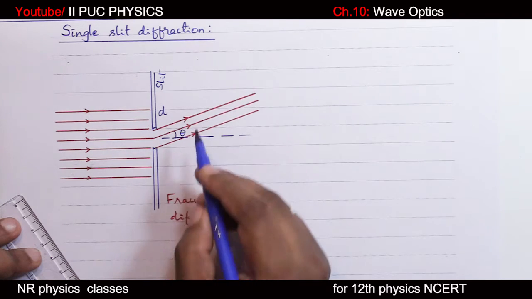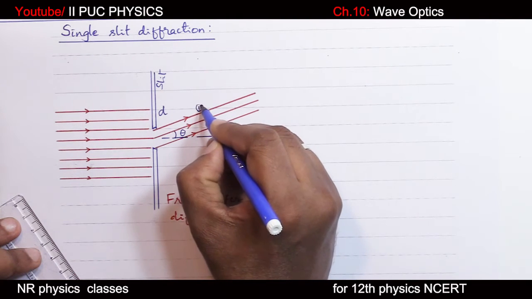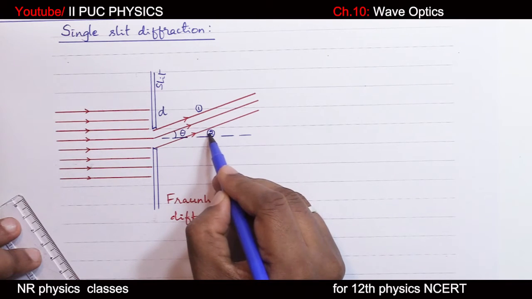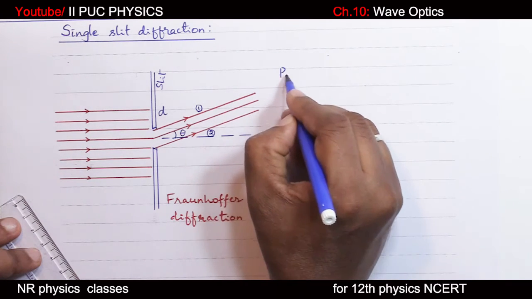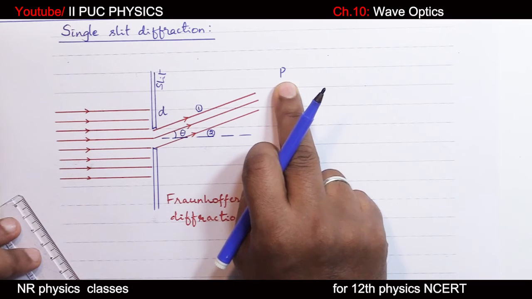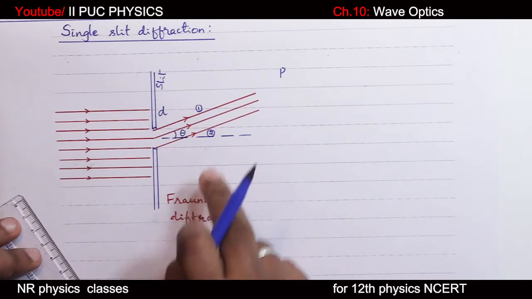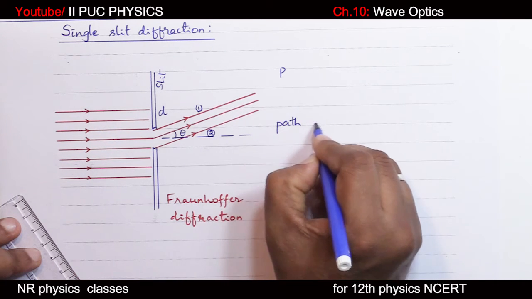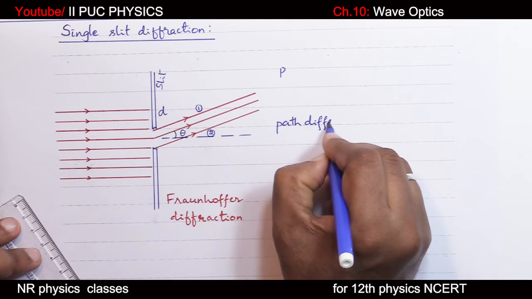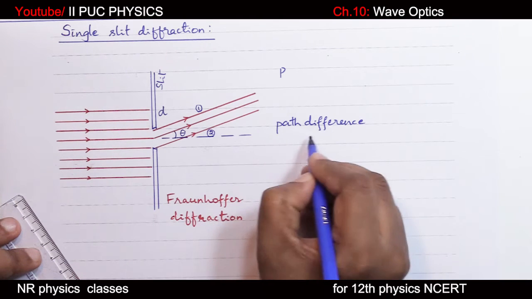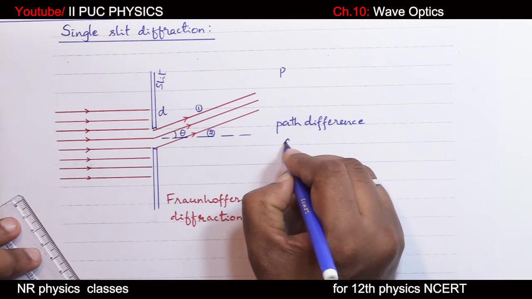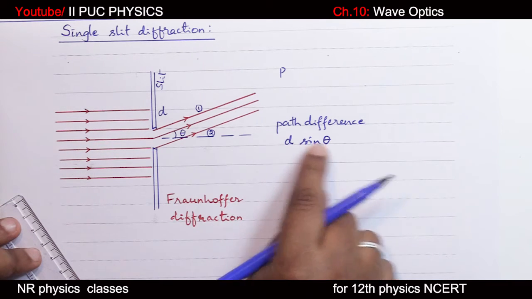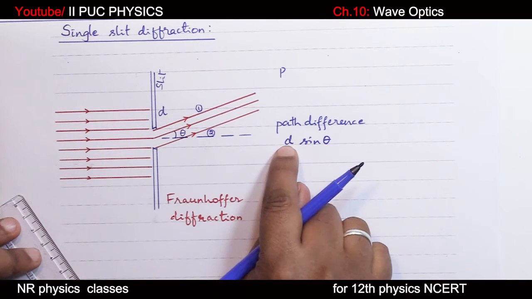Then the path difference between these two extreme rays, first and second, the path difference between the extreme rays reaching point P, where P is some point on the screen, is given by d sine theta, the sine of the angle of diffraction. d is the width of the slit.